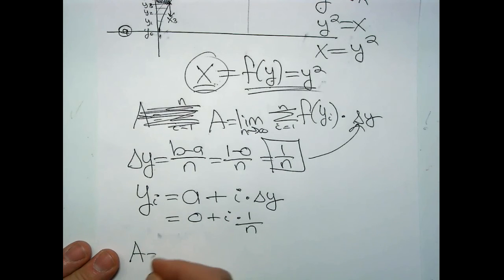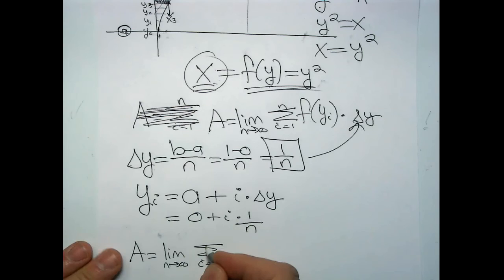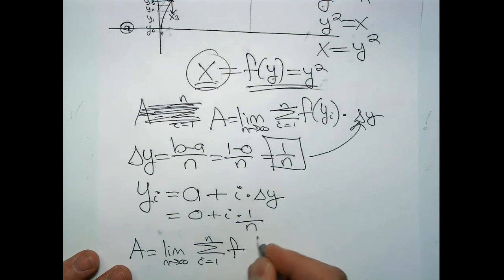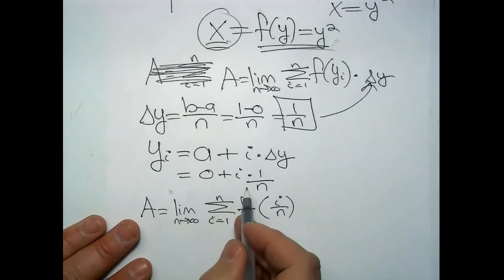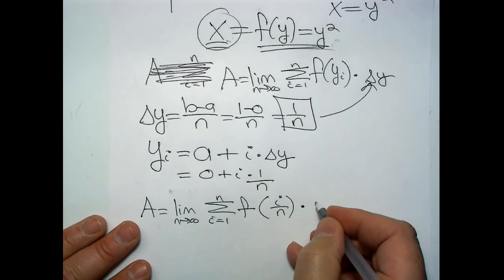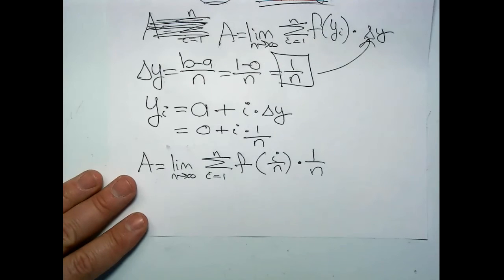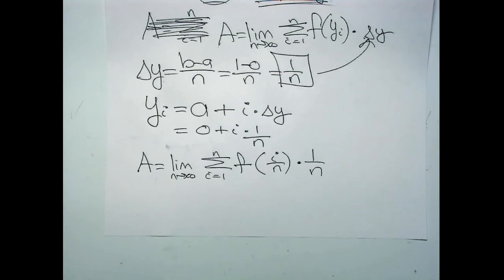So the exact area on the side of that curve, from n going to infinity, we would sum i equals 1 to n, the f of y sub i. Well, here's y sub i that we just formulated, times delta y. And you see, it's kind of the same thing. It's very similar.